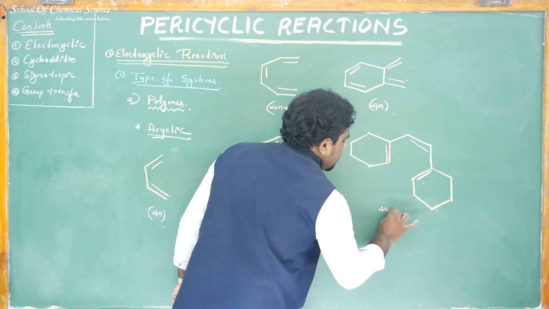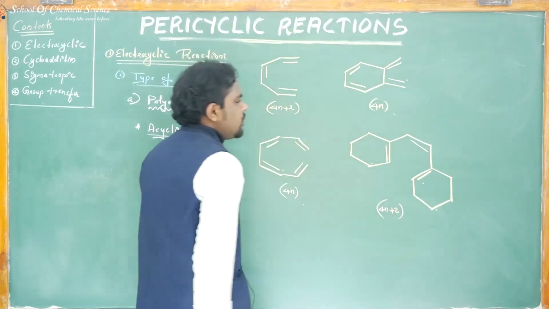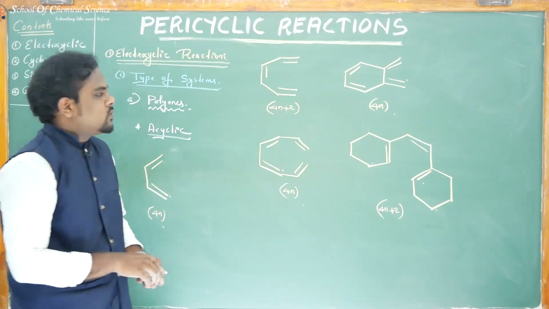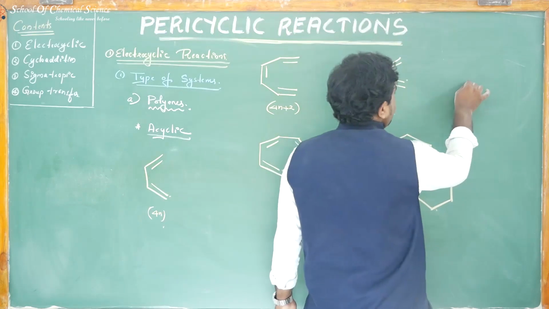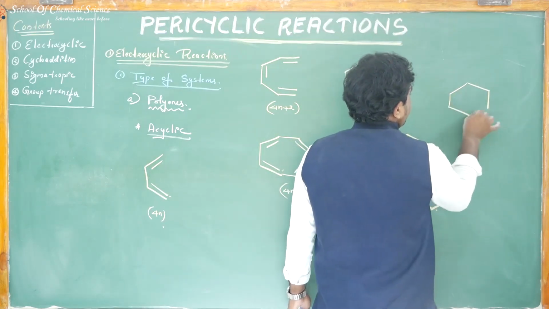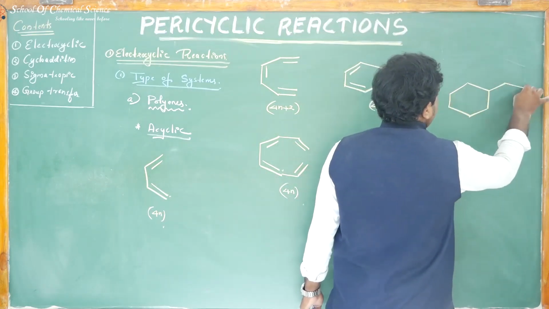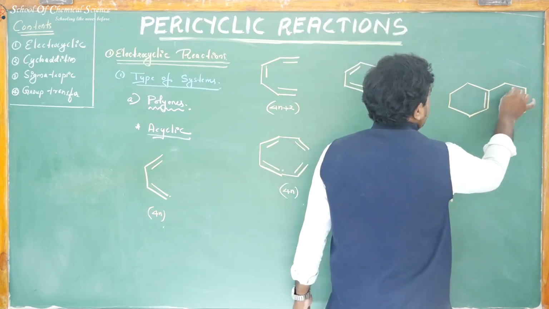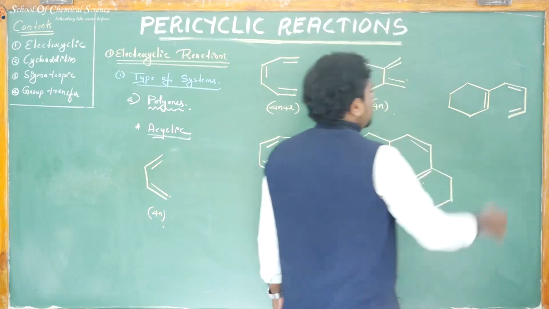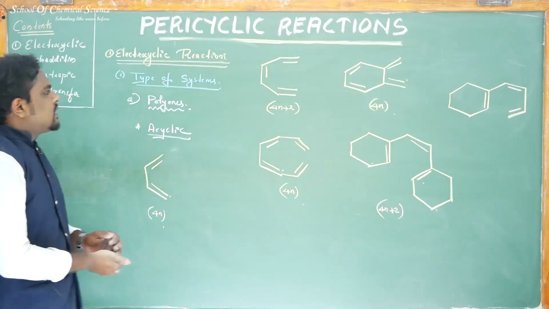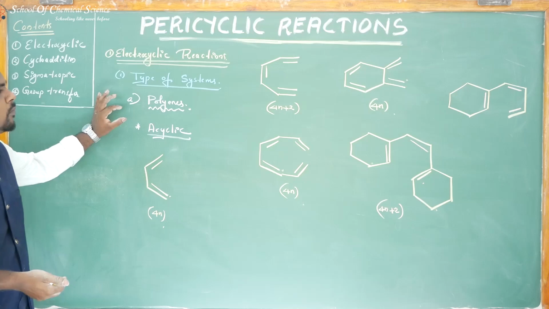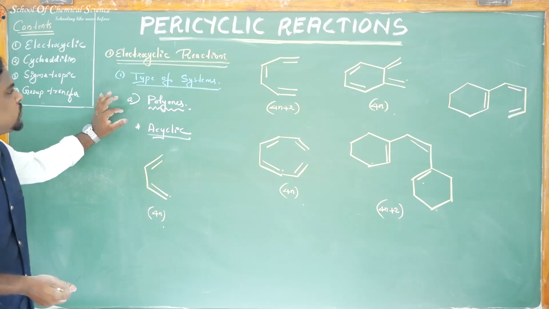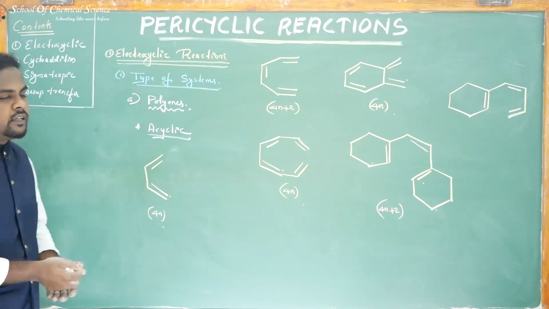So this is an example for a 4n plus 2 system. Another example, here 1 pi electron. So these are some typical examples of acyclic polyenes which shows electrocyclic reaction.